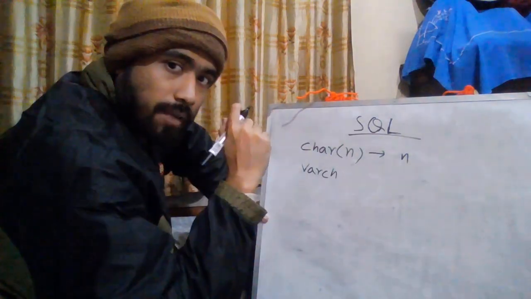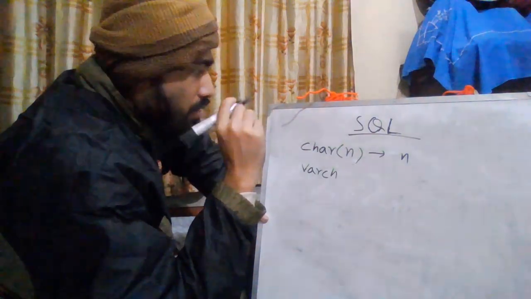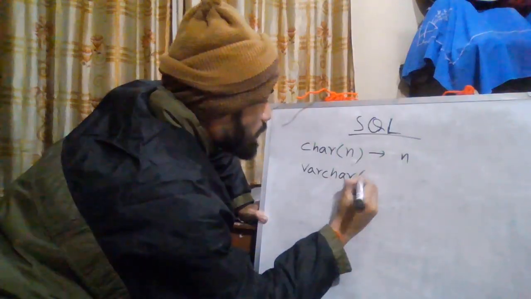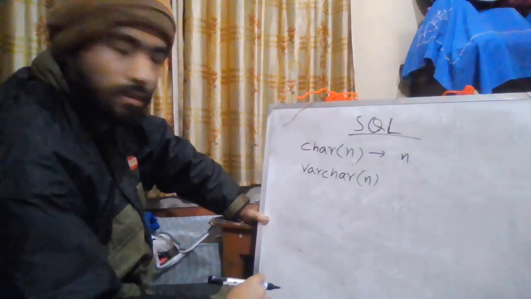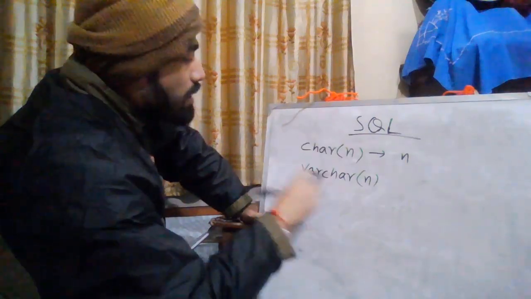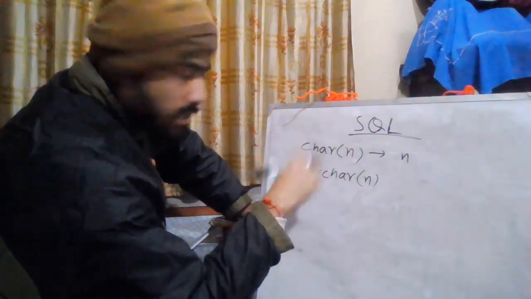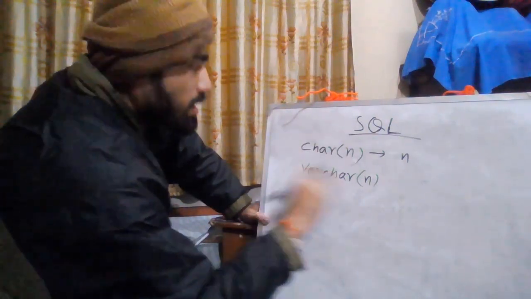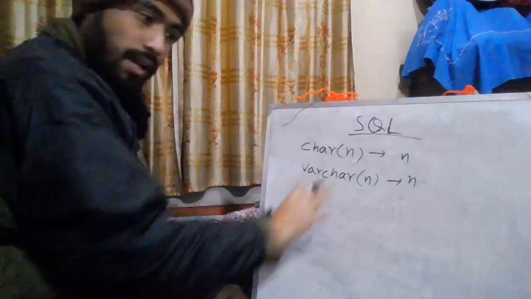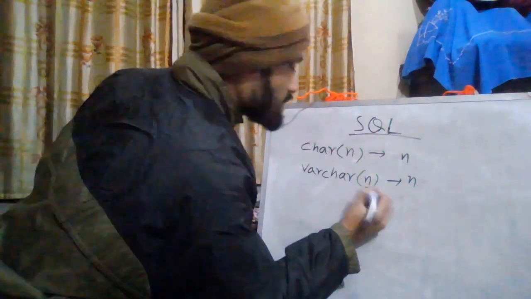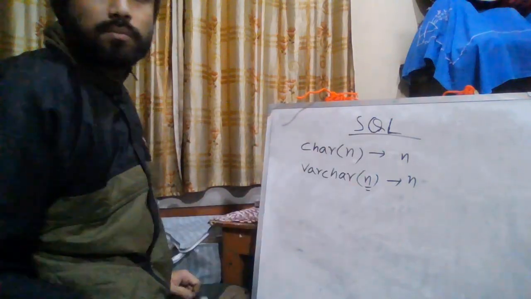If we want a variable number of characters, then it is varchar. Var means variable, char means character: variable character type, or varchar. We have to write n, but it is the maximum value of characters.